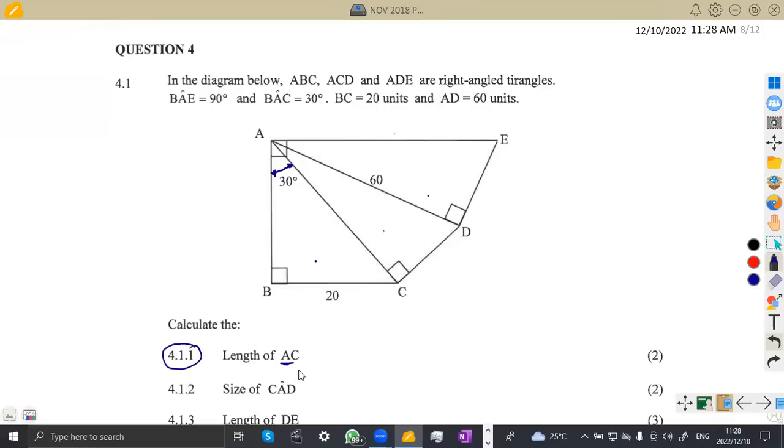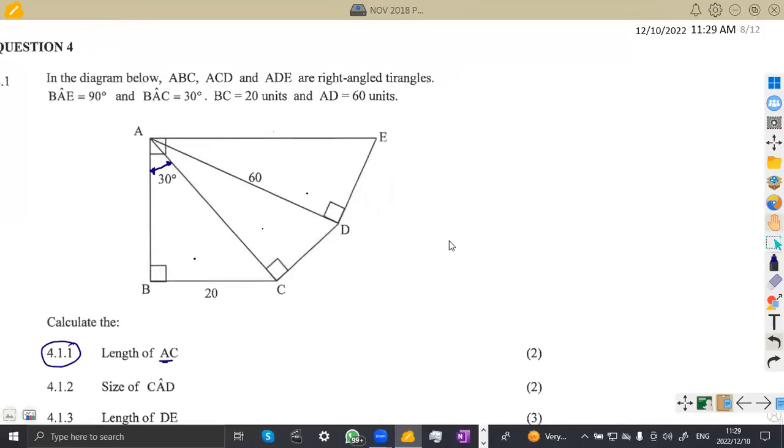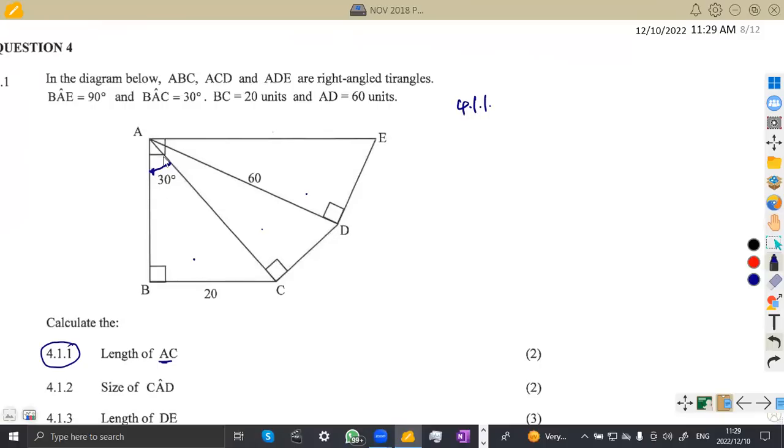Where can we get the length of AC? Which part can we use? I want you to see that this is 4.11. I can even write it here. From AC here, from this triangle that we have with an angle of 30 degrees, we've got AC in triangle ABC.